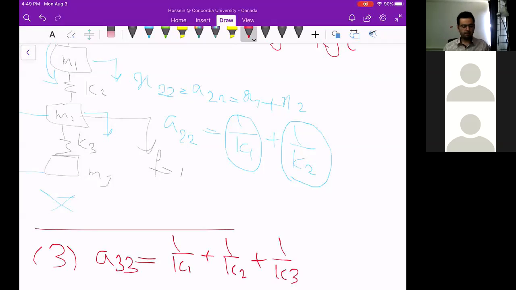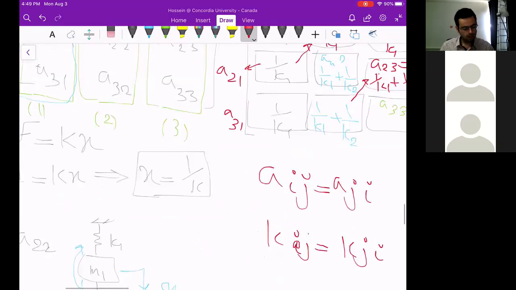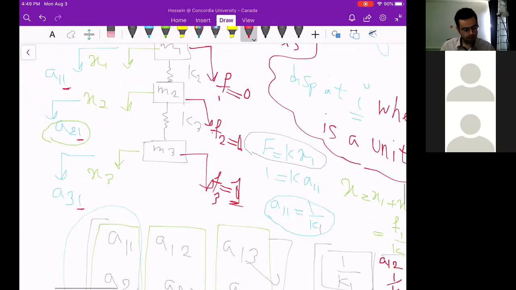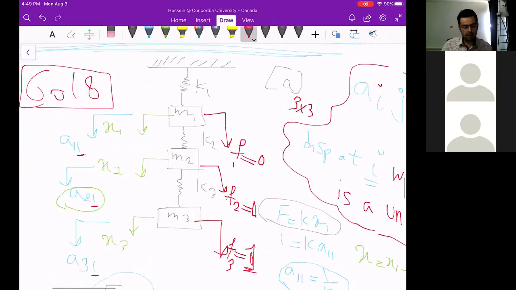Why? Because as soon as you put unit force here, this force will be applied also at mass 2 and 1. So F is Kx, F is 1, X is 1 over K. For mass 1 it is 1 over K1, for mass 2, 1 over K2, and for mass 3, the individual displacement is 1 over K3. However, the total deformation which M3 will experience is 1 over K1 plus 1 over K2 plus 1 over K3.